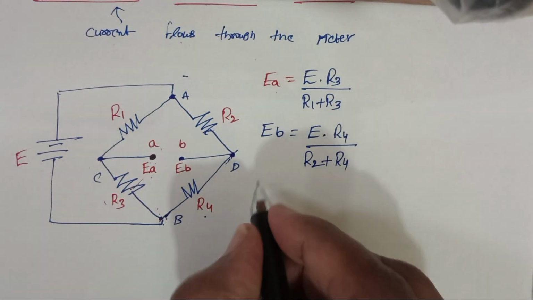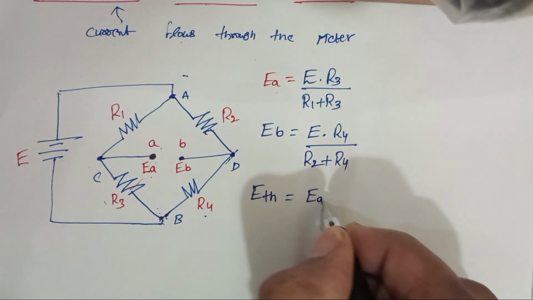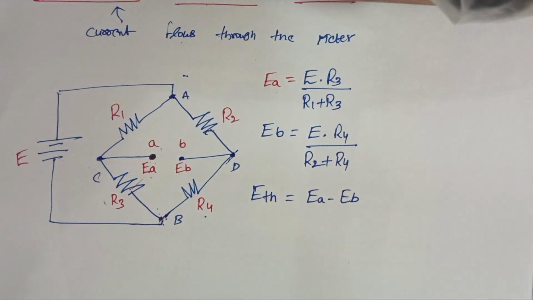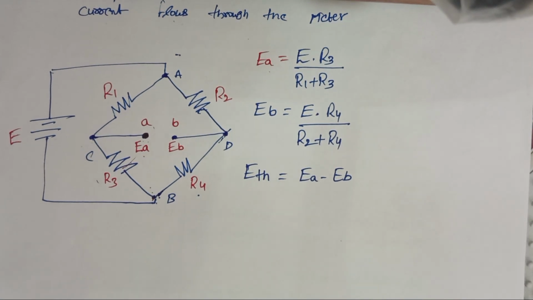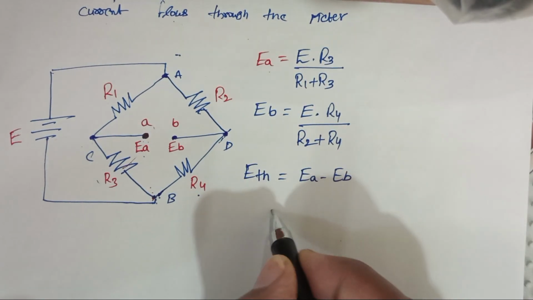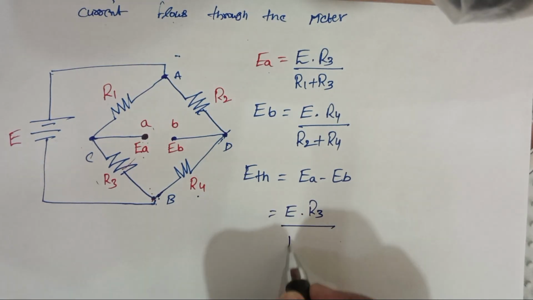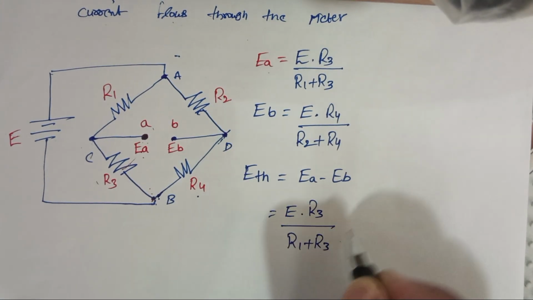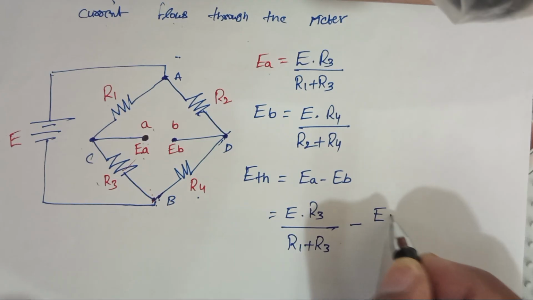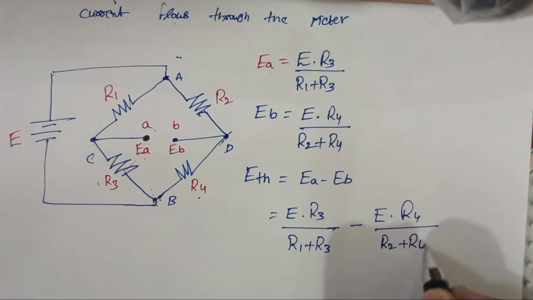Now Thevenin's equivalent voltage ETH is equal to EA minus EB, so E times R3 by R1 plus R3, minus E times R4 by R2 plus R4.